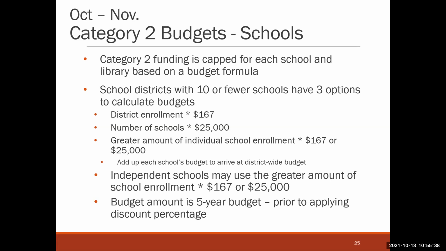And then you would add up the budget per building to arrive at your overall school district budget. Independent schools can use whatever approach is most advantageous, the greater amount of enrollment times $167 or the minimum building amount of $25,000.